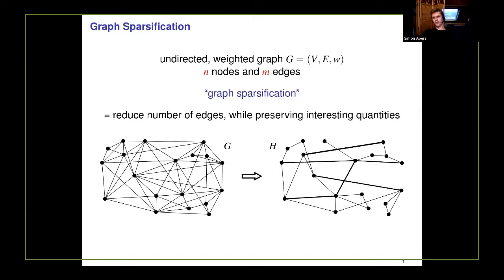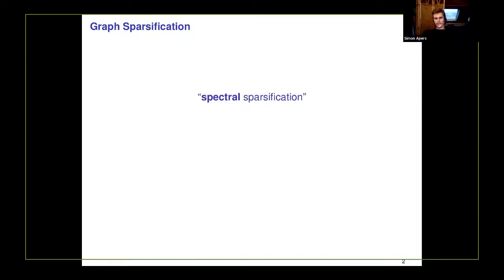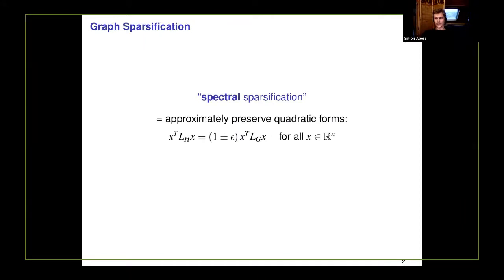But what we want is to preserve somewhat more intricate quantities. In particular, by spectral sparsification, we mean a sparsification process that approximately preserves all the quadratic forms in the graph Laplacian, denoted L_G for the graph Laplacian of G. You can think of this as a linear algebraic representation of the graph.